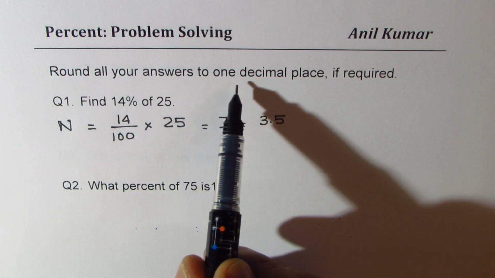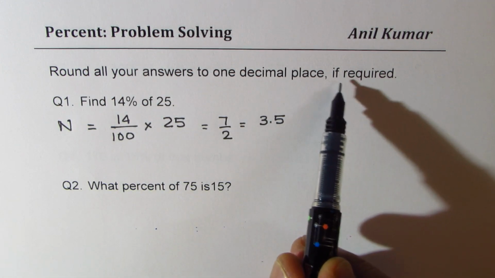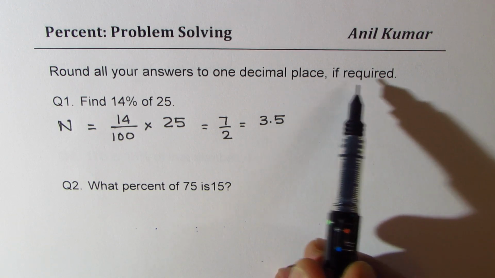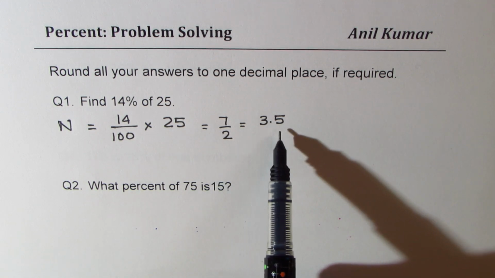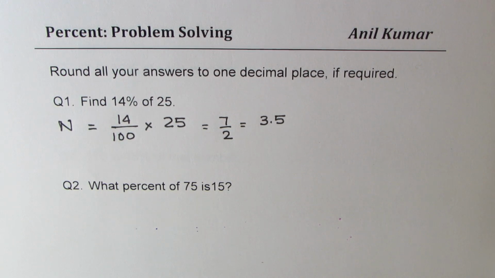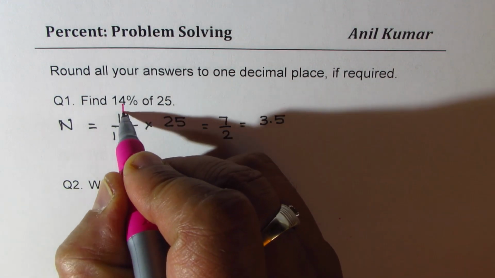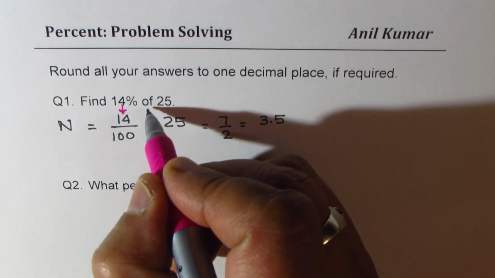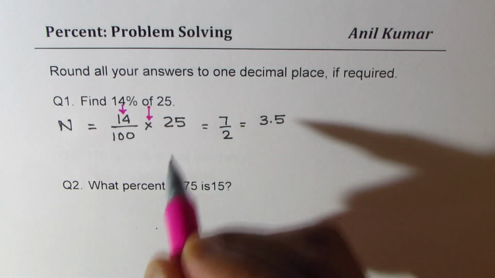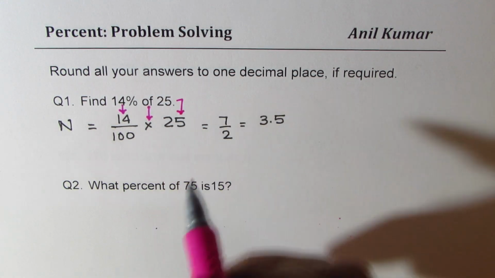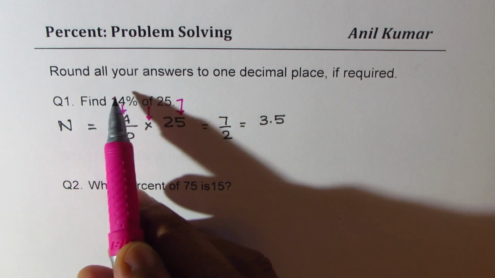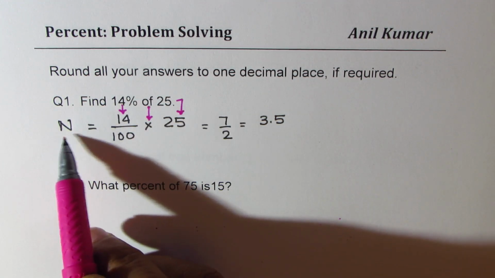Round all your answers to one decimal place if required. Sometimes it may not be required. Here it is already in one decimal place, so that is your answer. What we did was translate 14% as 14 over 100, of to multiplication, and 25. And we find a number, so N.